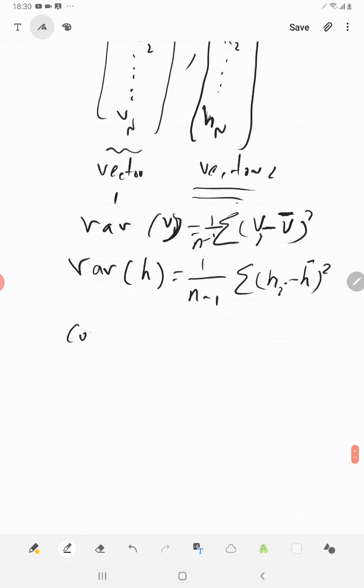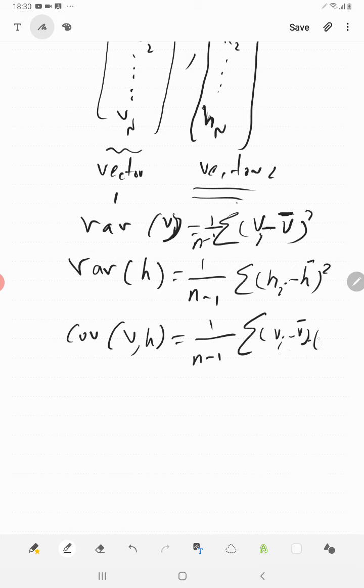The covariance between V and H is equal to 1 over n minus 1 times the sum of (Vi minus mean of V) times (Hi minus mean of H).